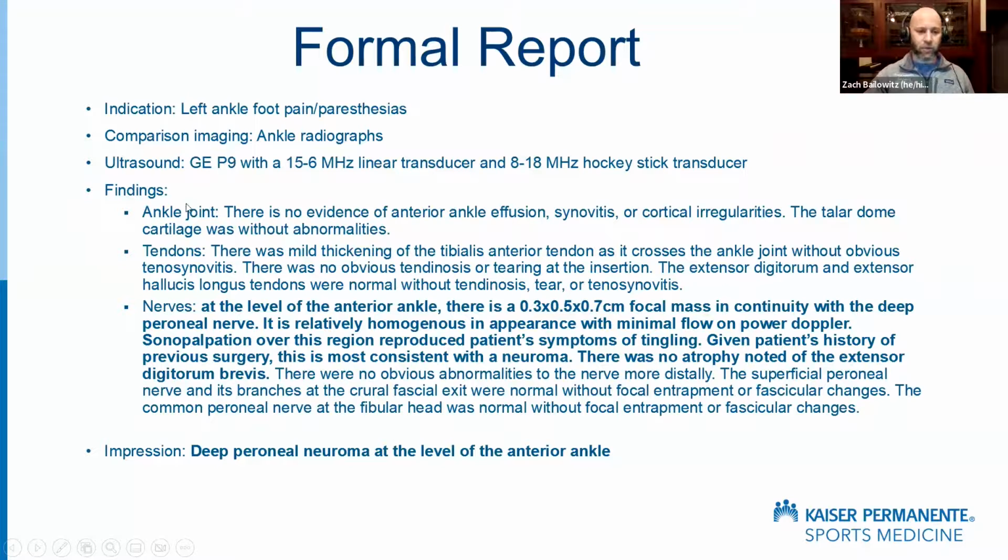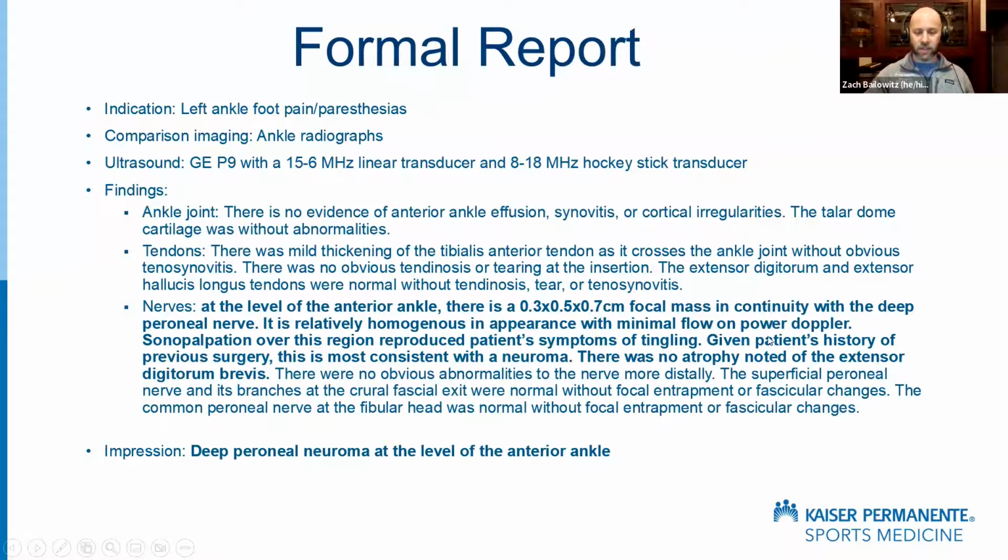Again, our anterior ankle joint was normal. Our tendons, there was some mild thickening of the tibialis anterior that I did mention, but I'm not bringing that up because the patient didn't have symptoms with palpation there. And then the way I describe this is at the level of the anterior ankle, there's a 0.3 by 0.5 by 0.7 centimeter focal mass in continuity with the deep peroneal nerve. It does appear relatively homogeneous.